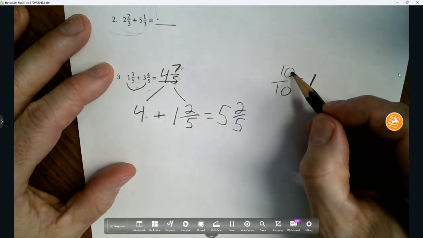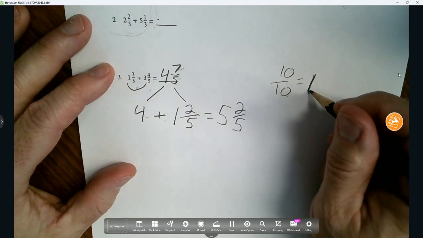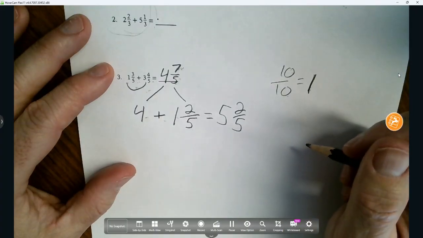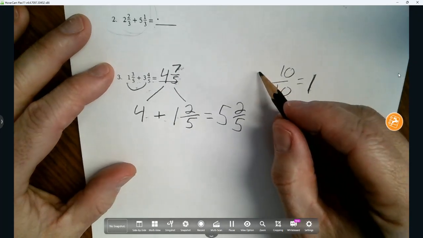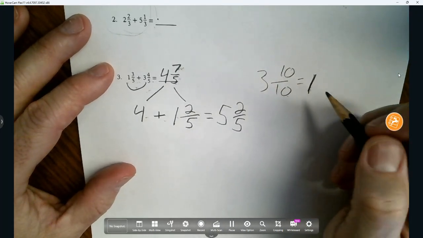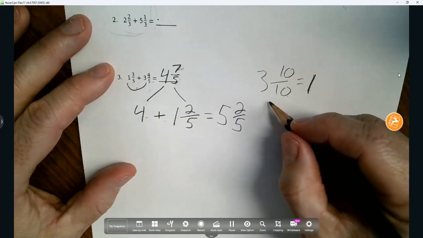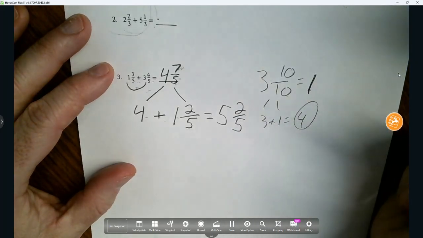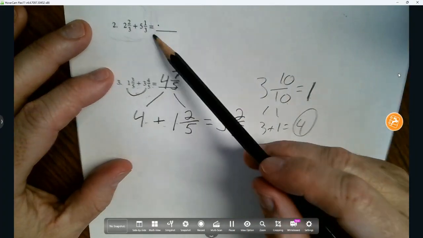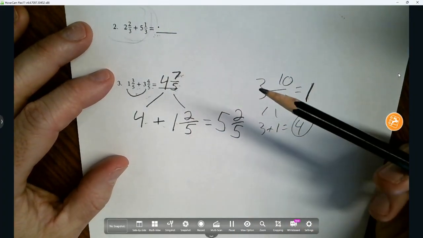If you get the same number on the top and bottom, that's the same as 1. So you might need to change your answer to get it correct. I wouldn't want you to tell me that this is 3 and 10/10. This would actually be 3 plus 1, that would be 4, your answer for that one. Might be a little hint for this one up here. Just trying to help out.